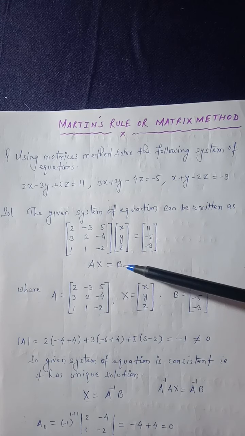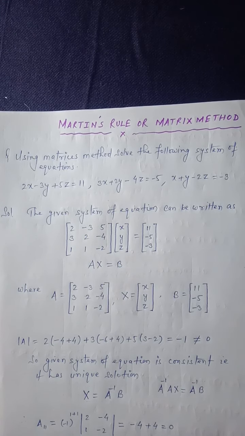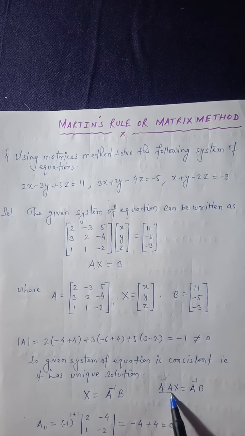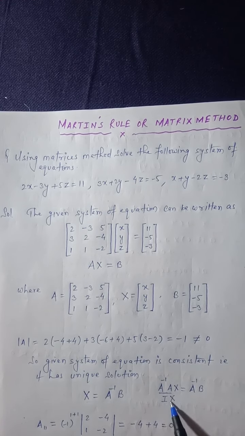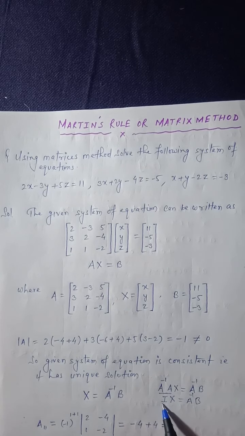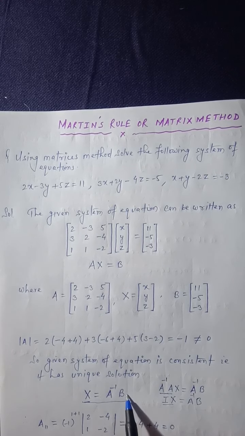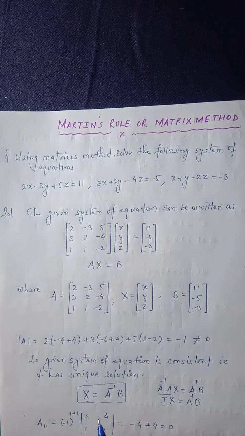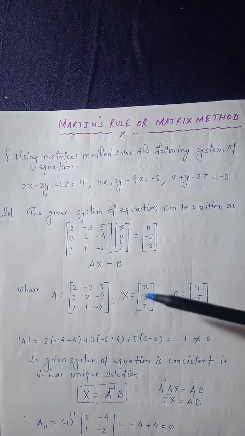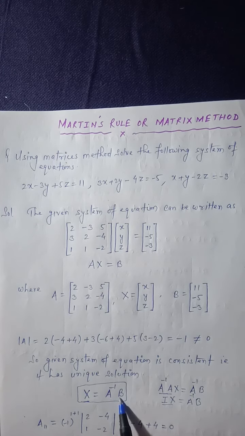So in this equation I am multiplying by A inverse on both sides. Now we already know A inverse into A will be an identity matrix, I into X is equal to A inverse B. Now identity into X will be X. So therefore this is a very important formula. Whenever there is a matrix equation AX is equal to B, then X can be written as A inverse into B.